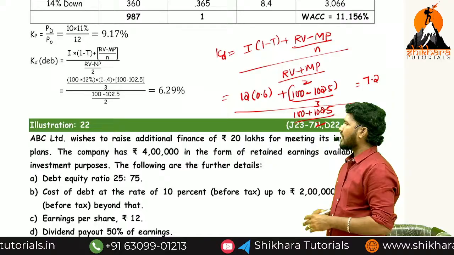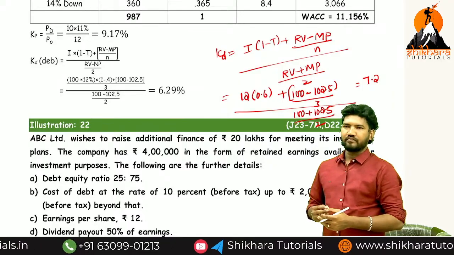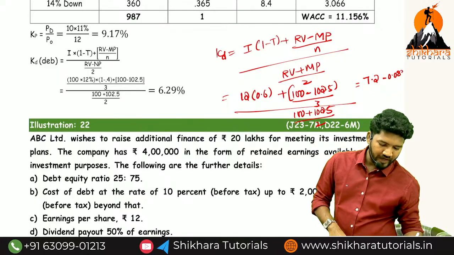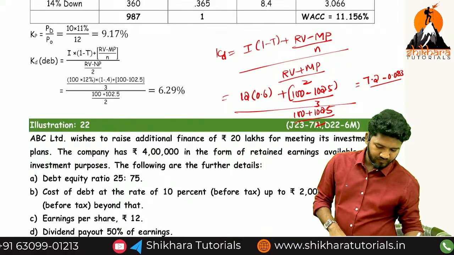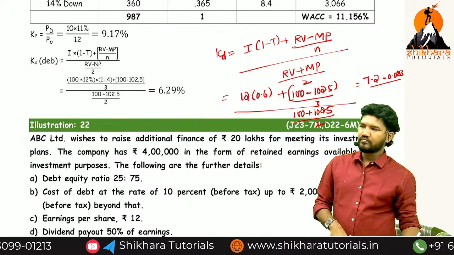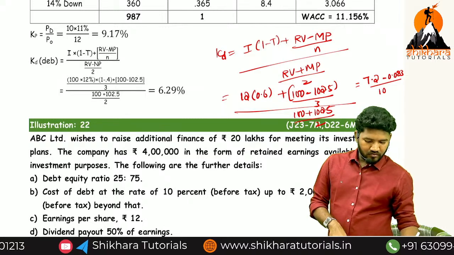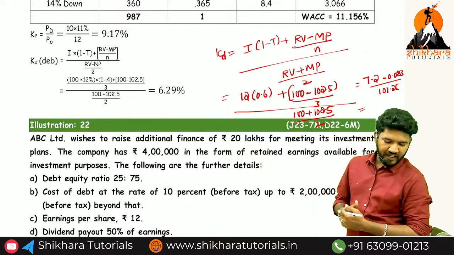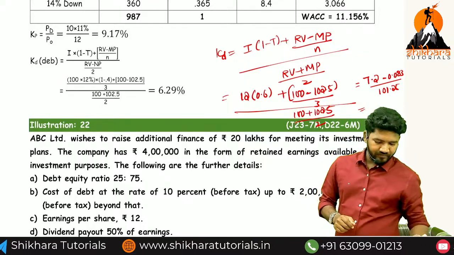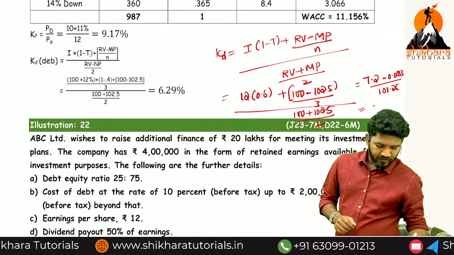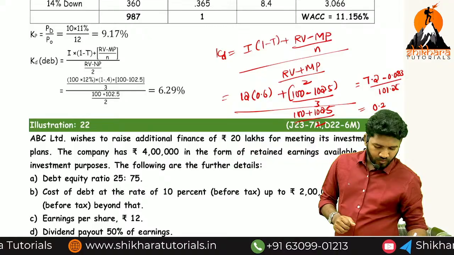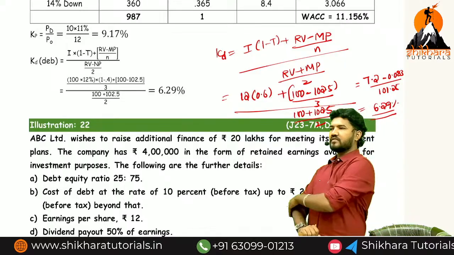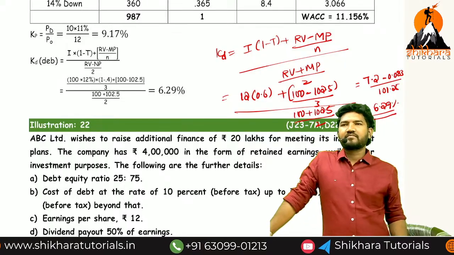Now please tell me the average. 100 minus 102.5 divided by 3 is minus 0.83, divided by average 101.25. 7.2 minus 0.83 divided by 101.25 into 100. 6.29. 6.29%. Any complications, sir? Any complications?